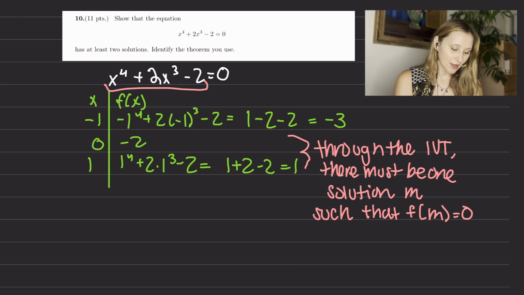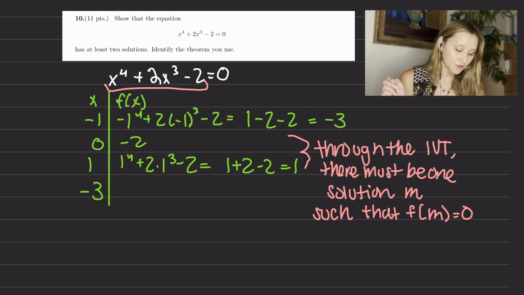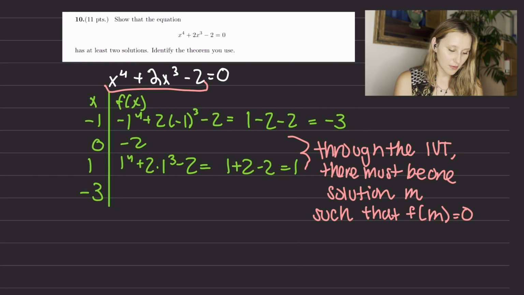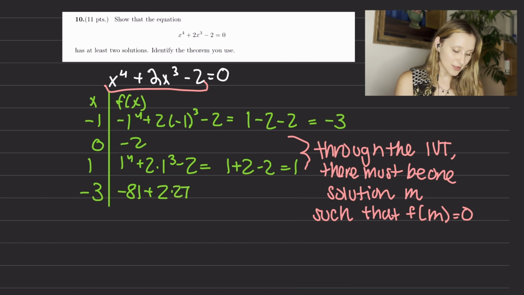Maybe let's try -3. Oh, you guys. This sounds like a hassle if you ask me. But yeah, let's do -3. -3 to the 4th power is 3 times 3 times 3 times 3, which is positive 81.